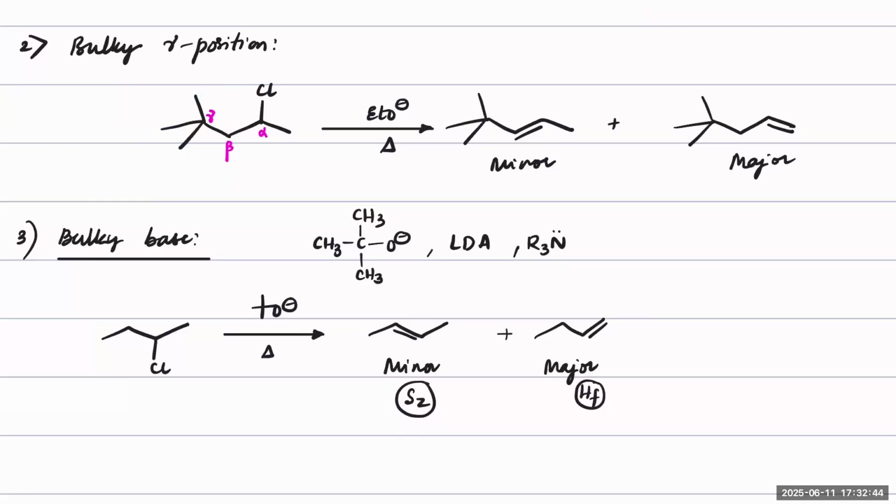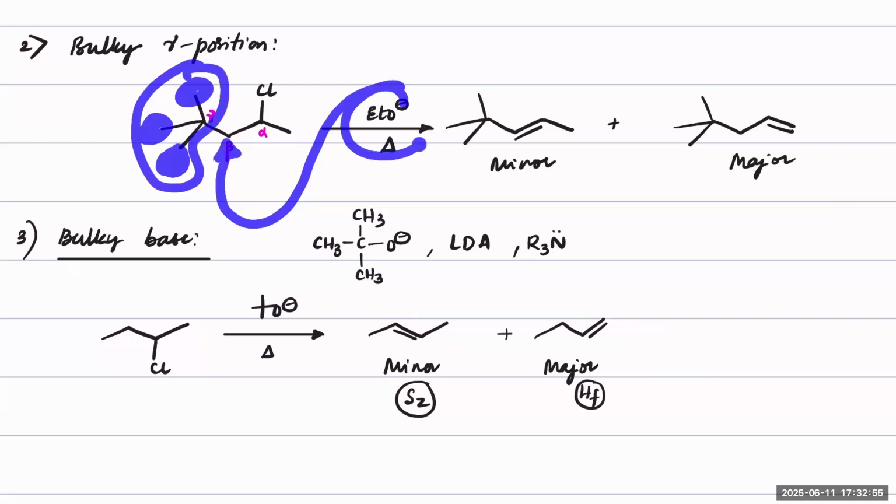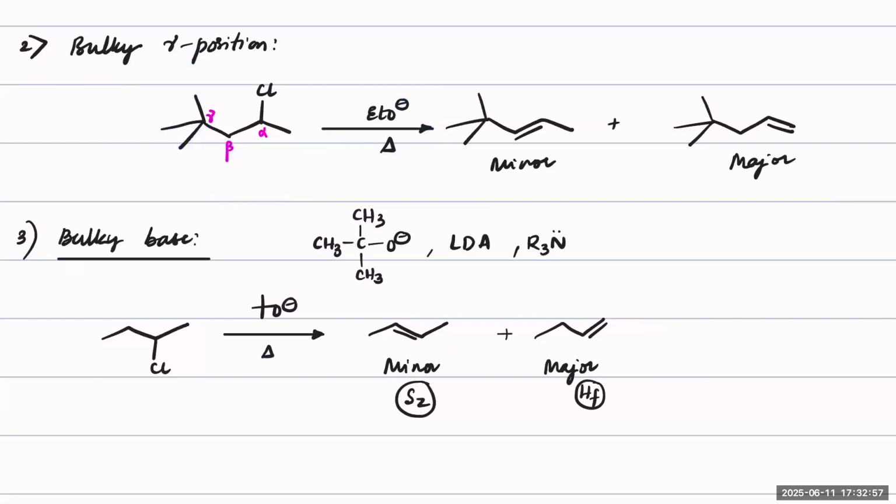In such a case, even though this base is not very large in size, for this base to go and extract a proton from here, this cloud will start repelling it. This total cloud will start repelling this ethoxide, so it becomes very challenging for ethoxide to come all the way here and try to extract the hydrogen.